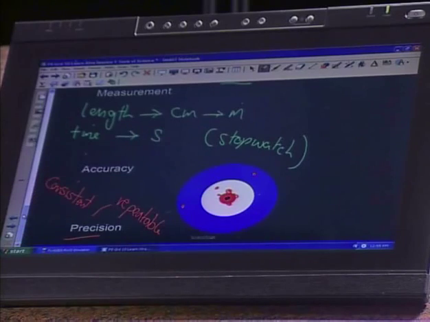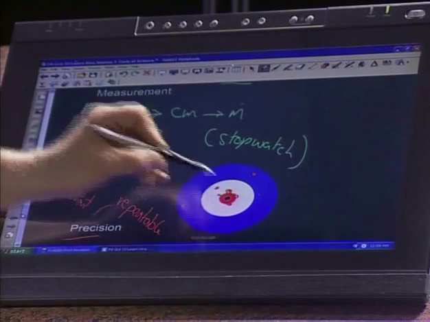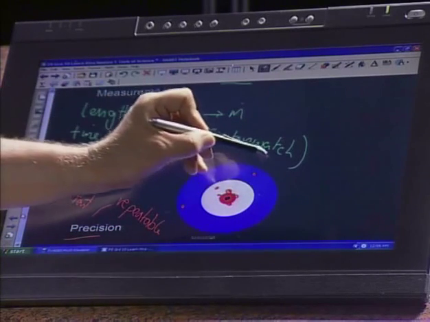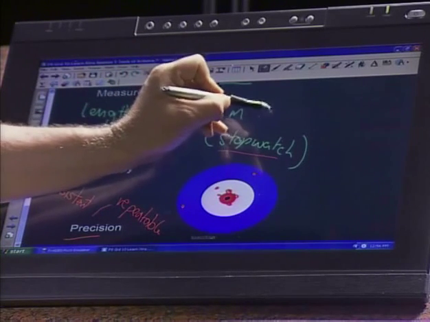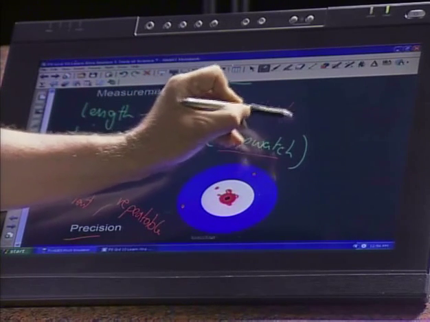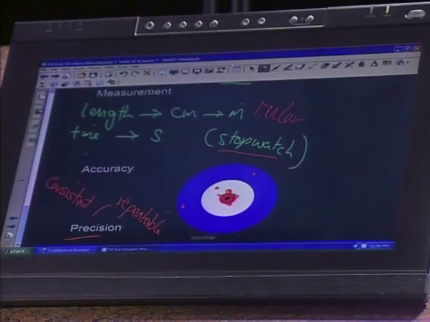So when we're doing any investigation, we must aim to be as close to the center as we can. It must be as accurate as we can. But now, notice something here. We're going to use a stopwatch, and we're going to use a ruler. A ruler and a stopwatch themselves have an error built into them. Because if you think about it, how do I know that as the pendulum starts, I've pushed the button exactly at the right time?